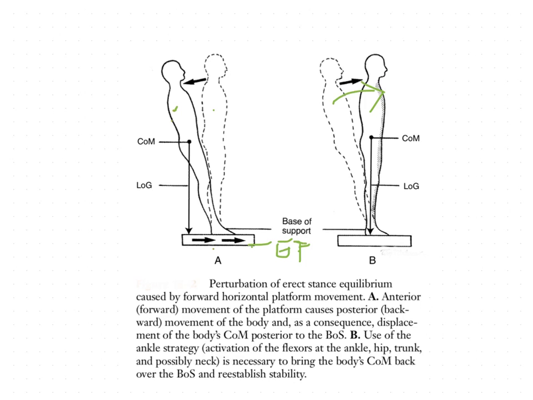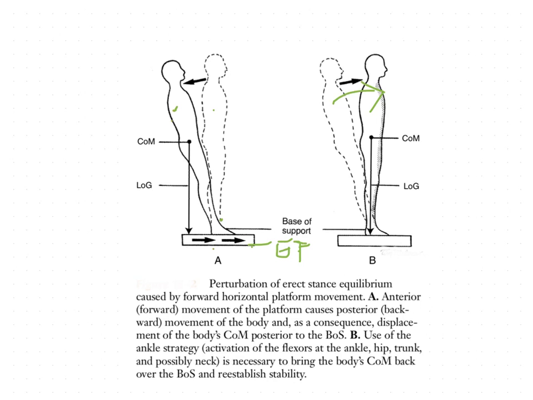Then what happens inside here is the muscles, the muscles which help in the movement of the body anteriorly, all those muscles are going to contract. That is the use of the ankle strategy.